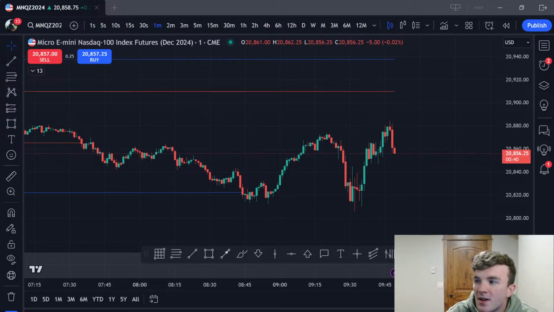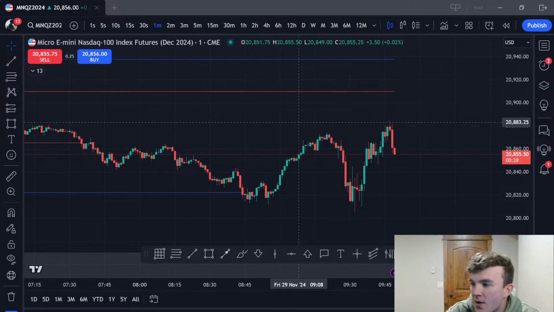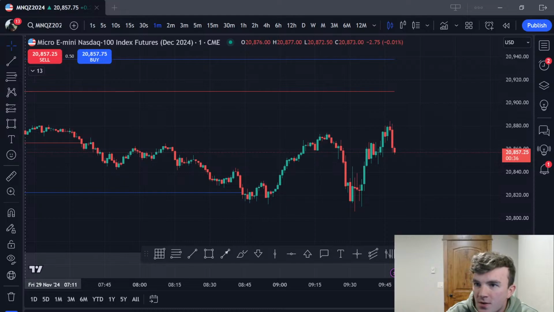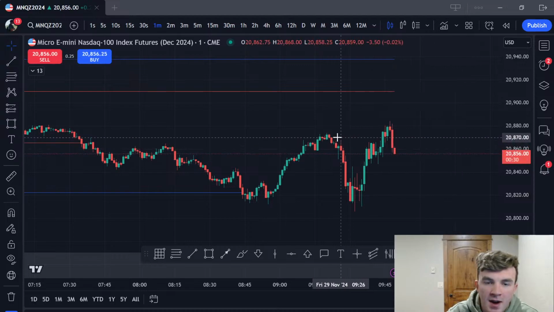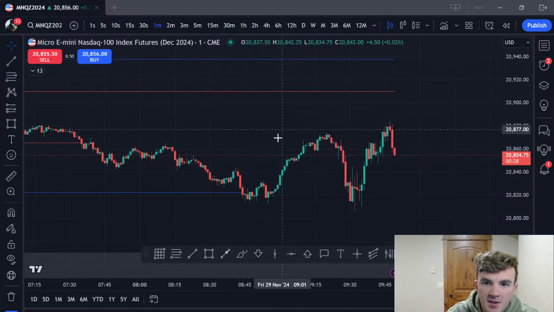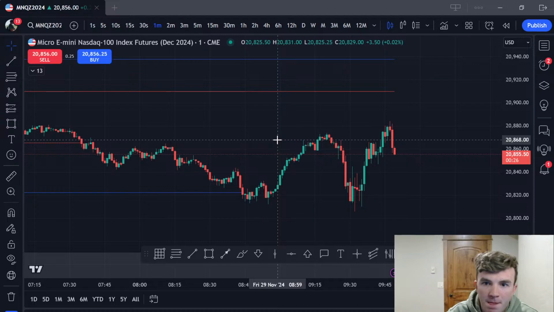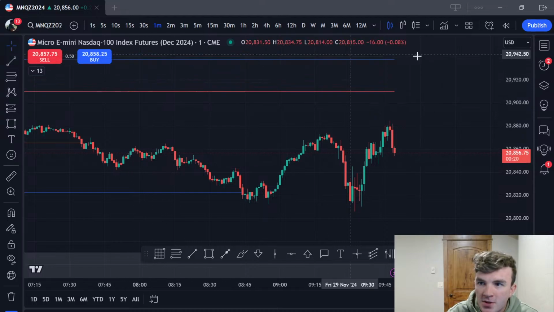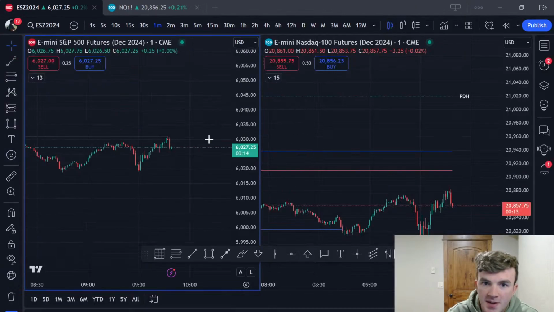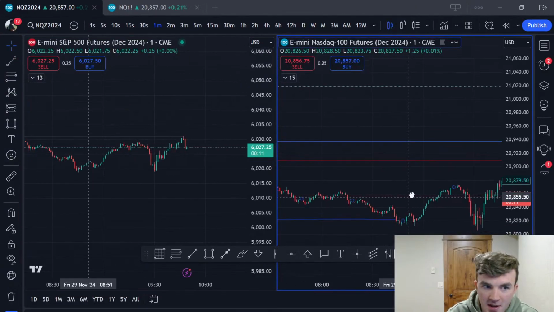I'm trying to figure out how I want to do this. I want to simplify my setup so that I only have MNQ, and then another chart with the S&P and the NASDAQ. So for instance, this is on my other screen. You can't see this, but this is on my other screen.